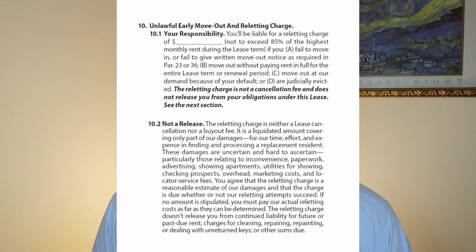Section 10 has to do with unlawful or early termination. So this section establishes a certain amount of money that the tenant will owe, not to exceed 85% of the maximum amount of the rent, and it establishes essentially a liquidated damages clause.